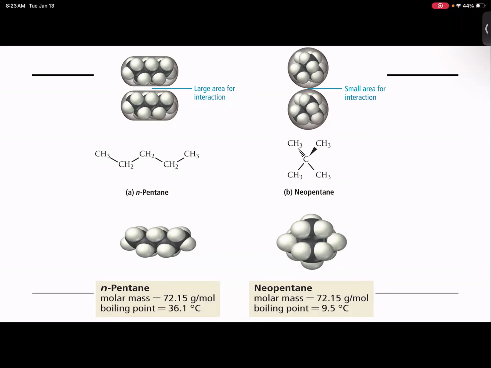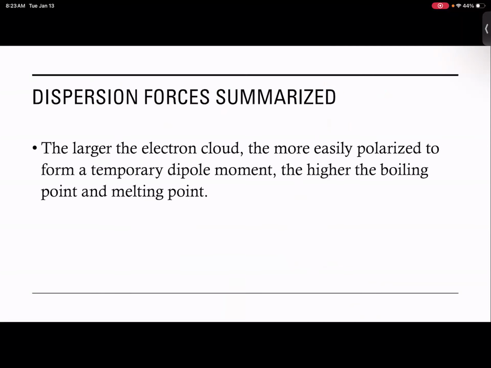The larger the size of the substance, the greater those dispersion forces will be. The greater those dispersion forces, the greater the boiling point and melting point. And it is because the larger the electron cloud, the more easily it is to polarize that cloud, creating that temporary dipole moment.